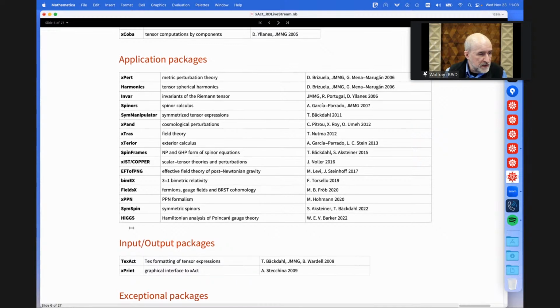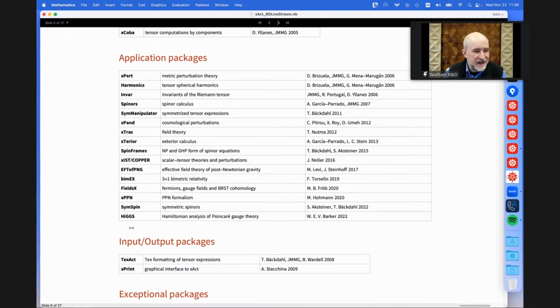There is a question saying, what are tensors? Yes, I can imagine. I should have started there. These are tensors as they are used in differential geometry and in particular in general relativity. That's the main motivation.